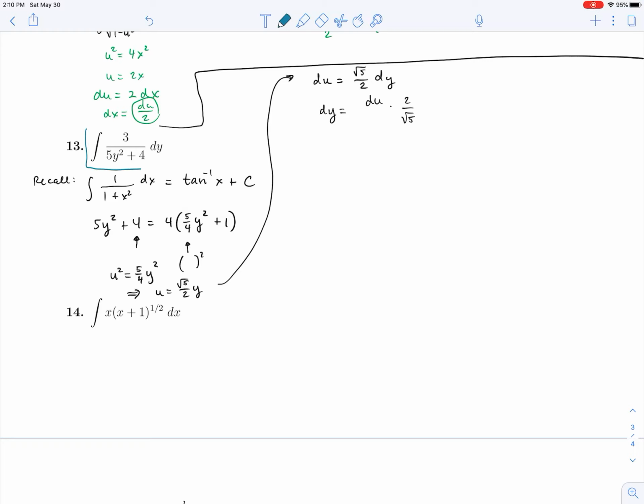Here's our integral. We're going to pull out the 3. We're going to pull out the 4. Let me write it like this: 3 over the 5y squared plus 4. I'm going to replace that with 4 times the quantity root 5 over 2 y, squared, plus 1.